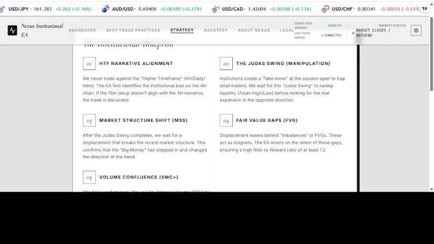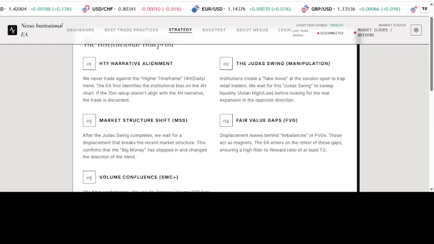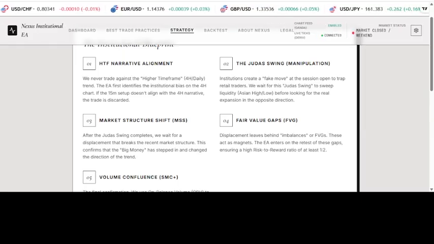There's the market structure shift here, which comprises the liquidity sweep that occurs a lot of the time. Basically a fake out that the big institutions set up for retail traders to take them out of their liquidity. There are fair value gaps that have to be taken into account as well. The Judas swing manipulation I mentioned before here.